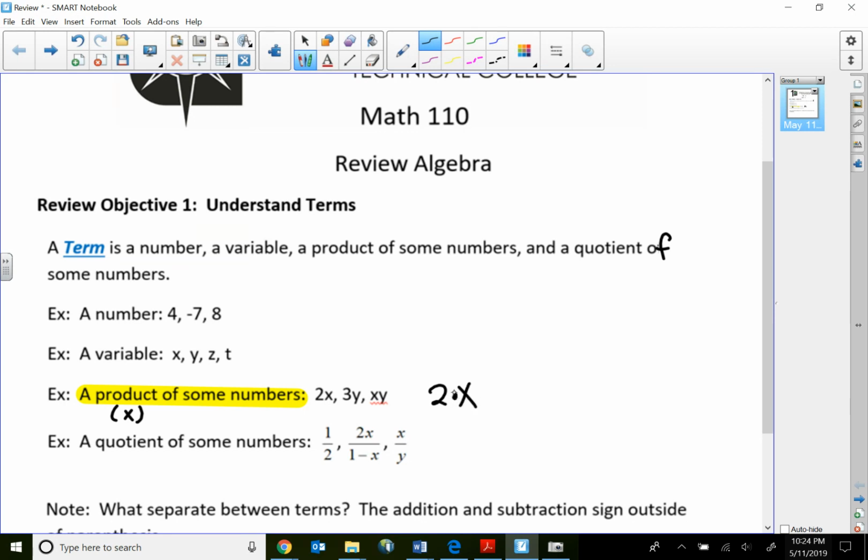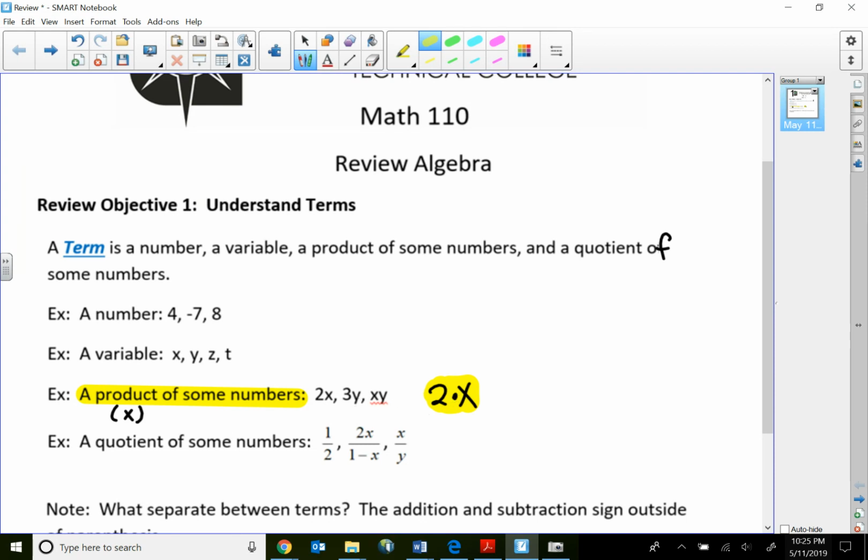Multiplication between anything is only one term. The 2 and the x, if you look at them separately, are called the factors inside this one term. So 2x has two factors, but together it is only one term because the multiplication is right in the middle of it.